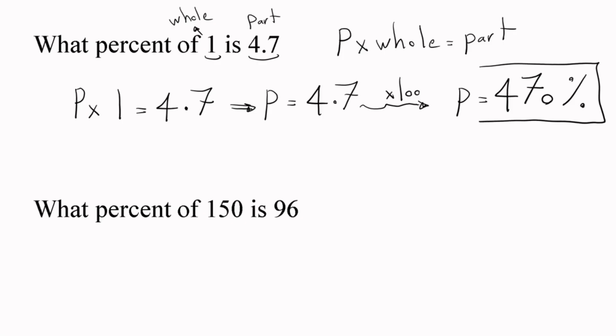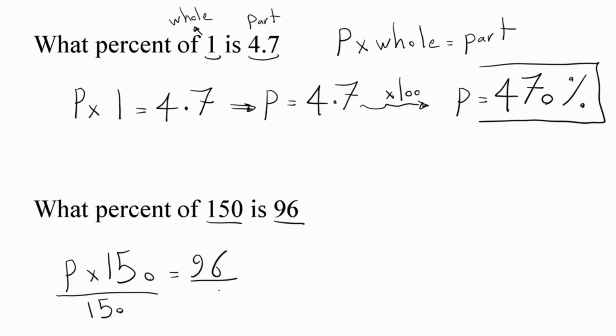percent symbol. Next question, what percent of 150 is 96? Again, it's like the previous one. I do not have the percentage, I have the whole, which is 150, and it is equal to 96. A linear equation, I must divide both sides by the coefficient of the variable, because I want to make it 1.